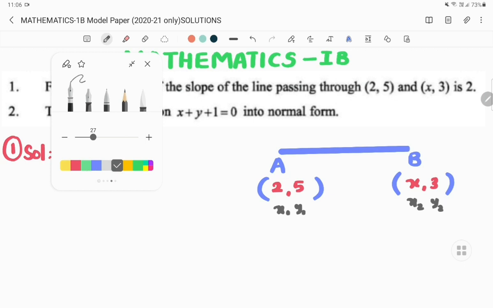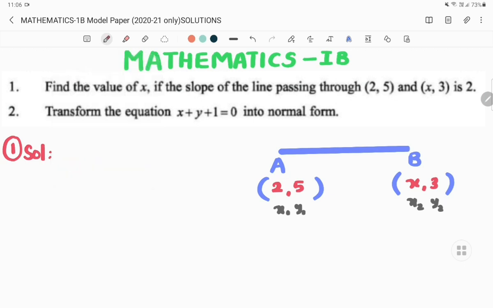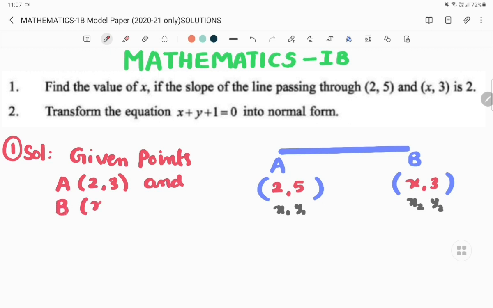Write the proper steps. Given points A(2, 5) and B(x, 3). Here it is already mentioned, but still you have to write it.